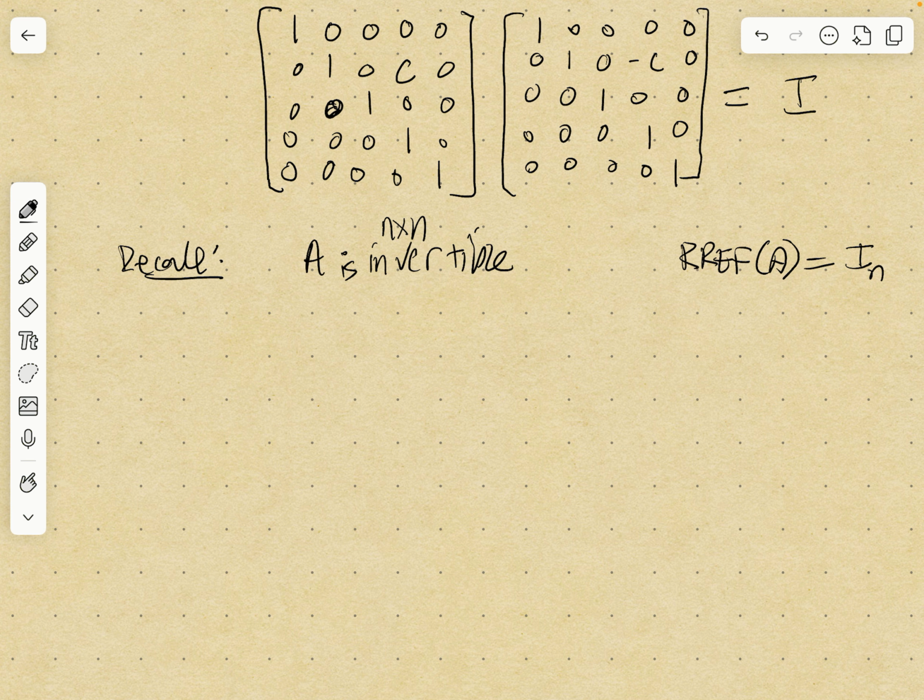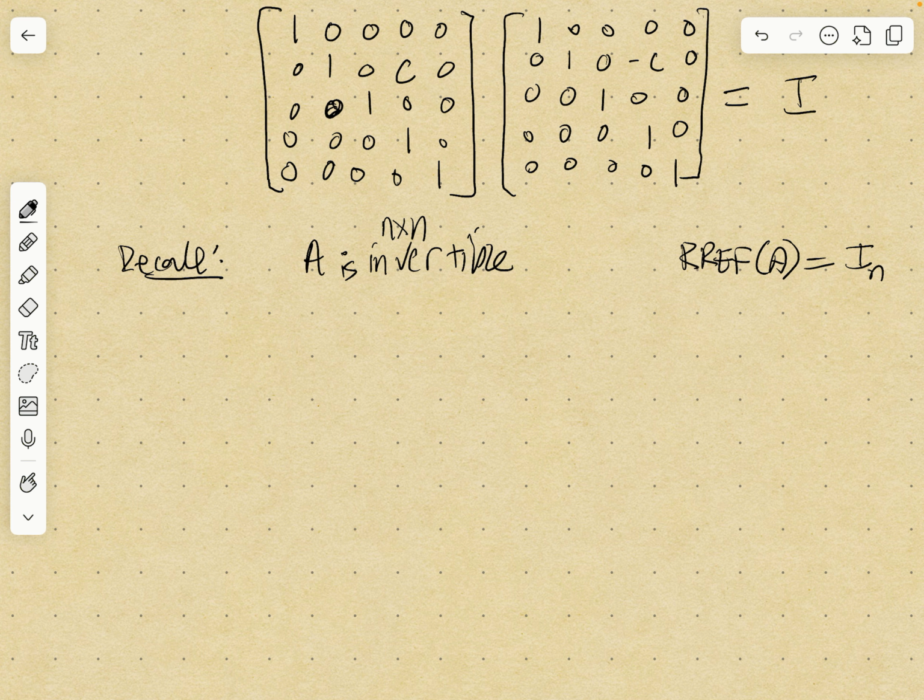And if your matrix is not invertible, what are you going to get? When you row reduce, well, you can get all sorts of things, but what do they all have in common? If you start off with a square matrix that's not invertible and you row reduce, you're going to see something at the bottom.